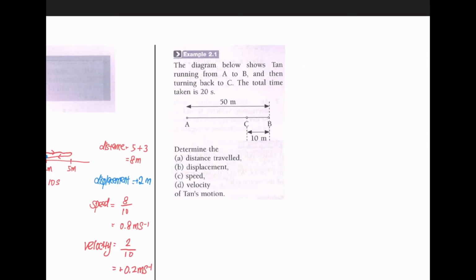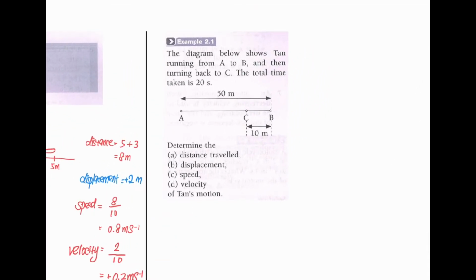Now let's move on. Example 2.1. The diagram below shows Tan running from A to B, 50 meter, and then turning back to C, 10 meter. The total time taken is 20 seconds.